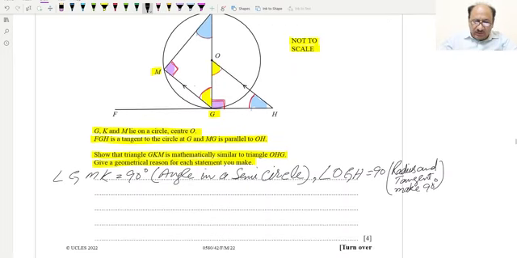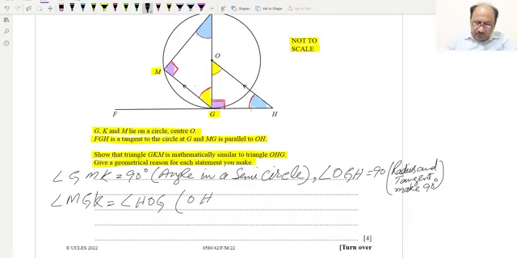Now the third angle: we can write angle MGK is equal to angle HOG, and we will write basically these are parallel lines.